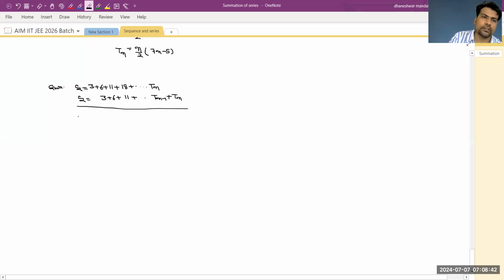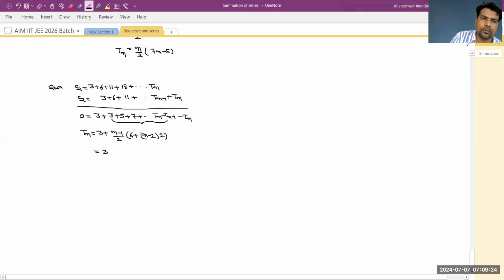If I subtract these two, then 0 will be there, 3 is there, and 6 minus 3 is 3. And if I subtract the next terms, then 5 will be there, again 7 will be there, and from here you will find that a series will be formed up to T of n minus T of n minus 1, and here we have minus T of n. So if I take T of n here, then 3 plus the summation of n minus 1 terms, then n minus 2 terms, 6 is there, and what is the difference of this AP? 2 is there.